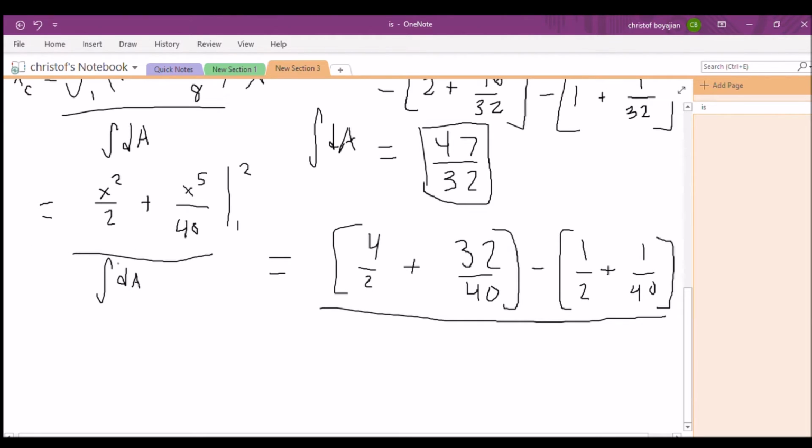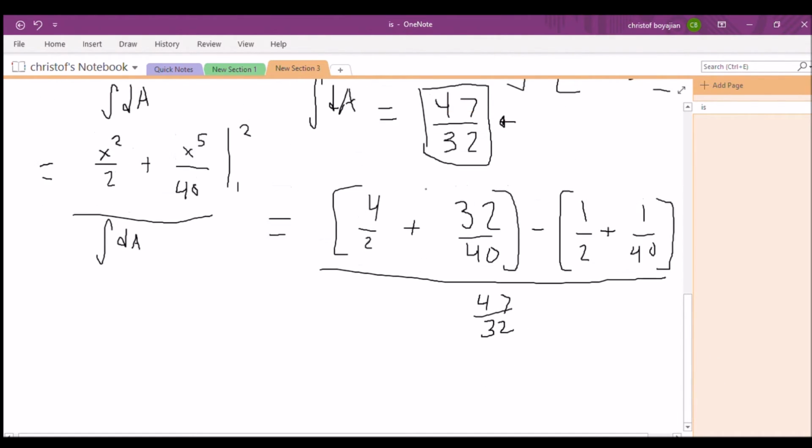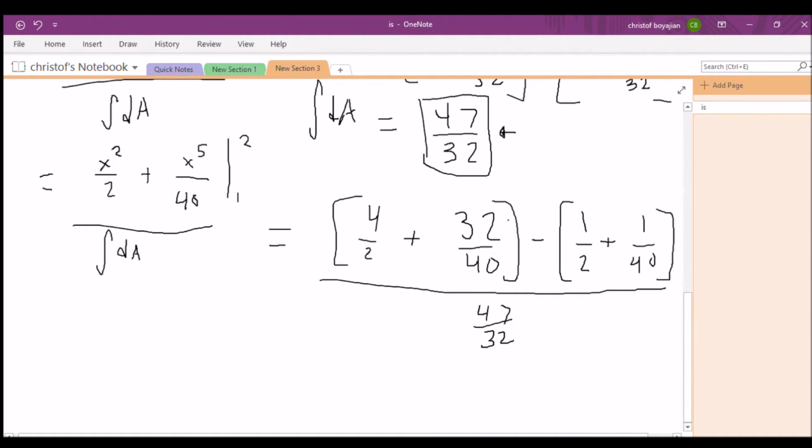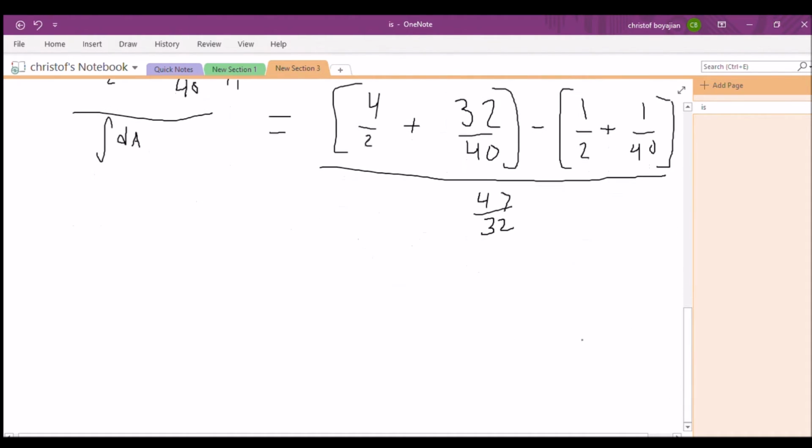Now we can go ahead and plug in dA if we want. So let's go ahead and plug in dA, which we said to be this guy right here. It's 47 over 32. Now you can go ahead and simplify this. This is just basically numbers, so just use your mathematical abilities or your calculator, and we should end up getting our x coordinate of the centroid to be 1.549.